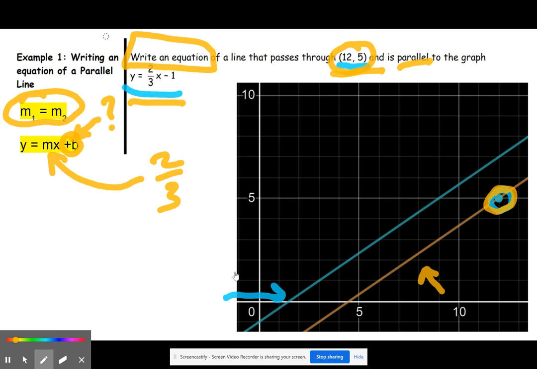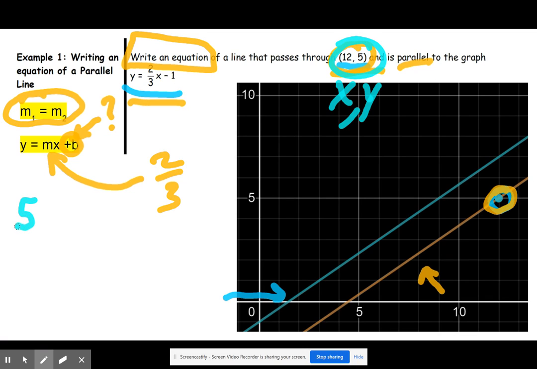We go back to this point, where 12 is an x value and 5 is a y value. We can plug that x and y into our equation, where 5 is my y value, equal to my slope 2/3 times my x value 12, plus b. Then it's just a matter of solving for b.